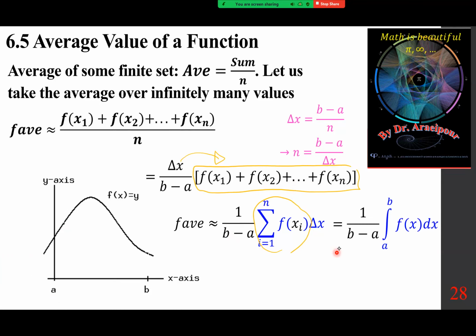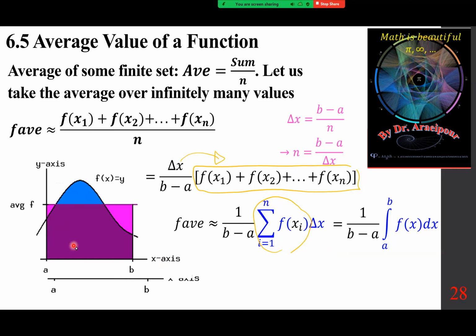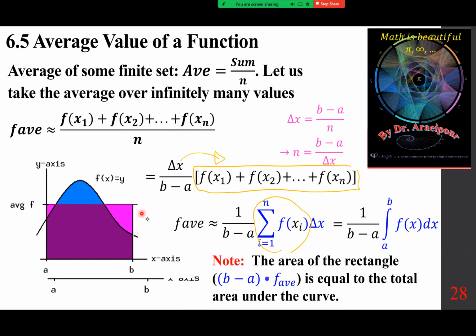And so what happens is that when you're looking for the average of the function, and of course you're dealing with a continuous function, there is some value in between. What you need to know, which is extremely important, is that the area of this rectangle, which is b minus a times f average, is equal to the total area under the curve.